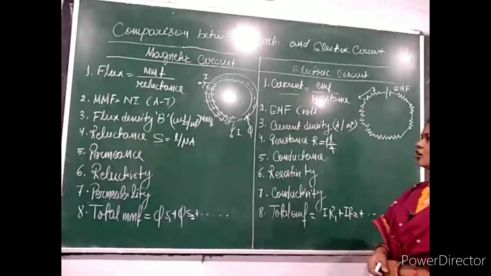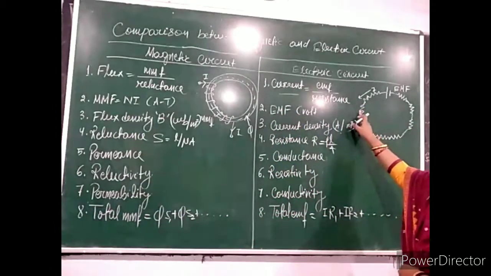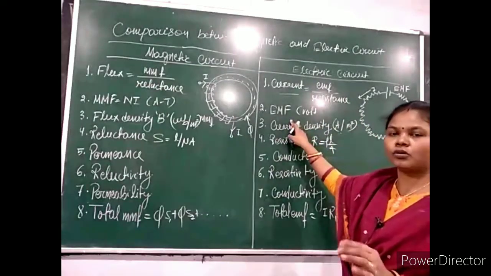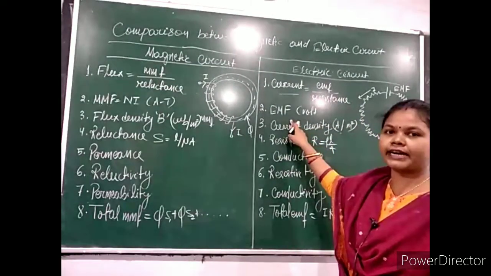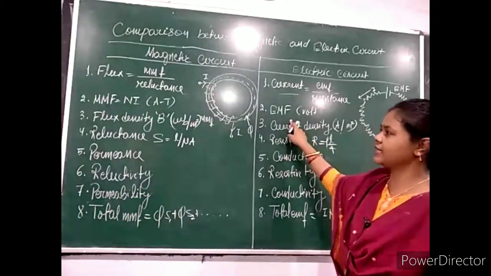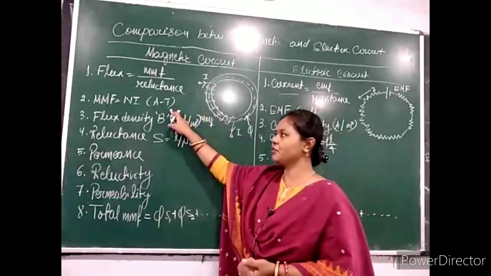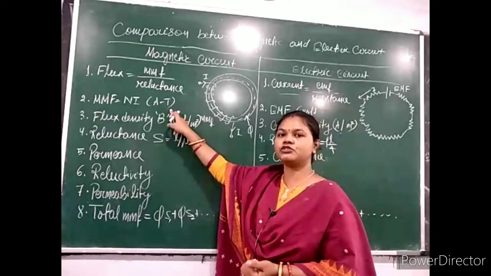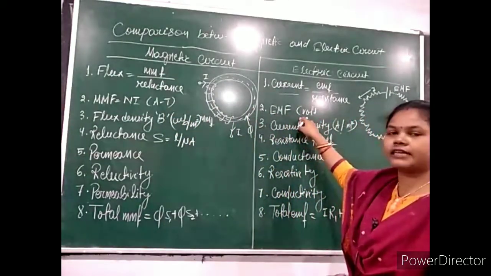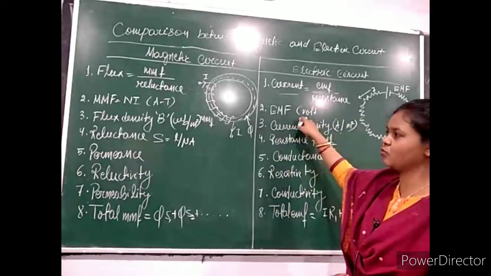In an electric circuit, the external force required to cause the flow of current is called electromotive force. The unit of magnetomotive force is ampere-turn, which we discussed in the previous lecture class, and in an electric circuit, the unit of EMF is volt.